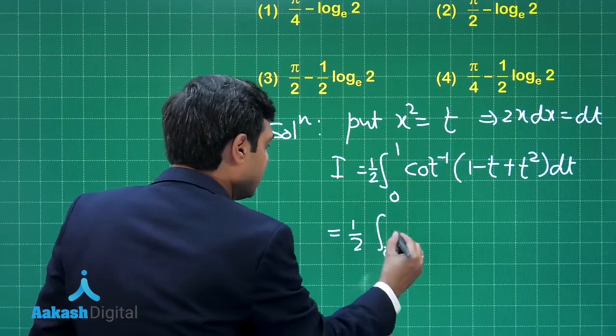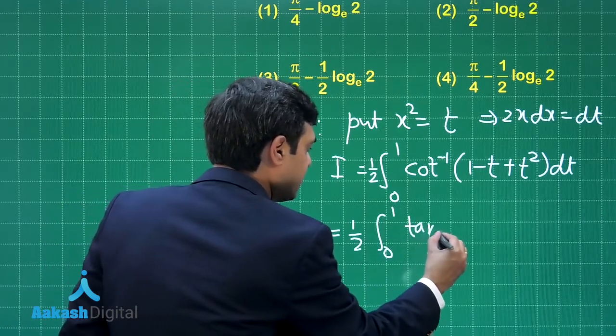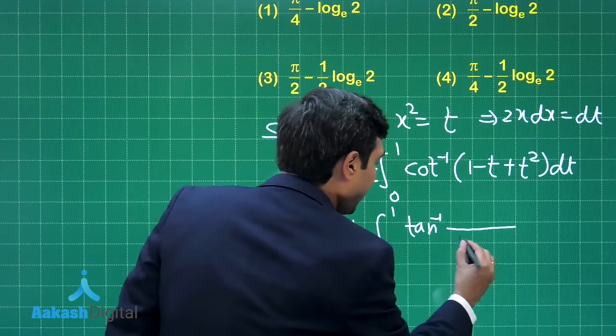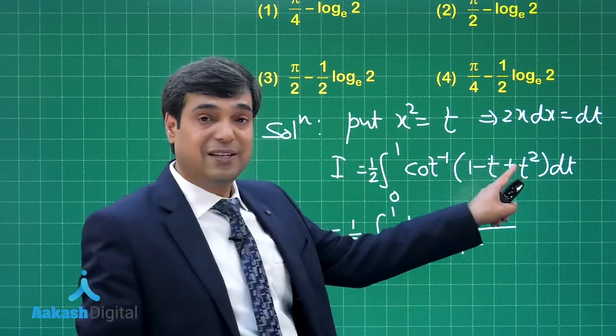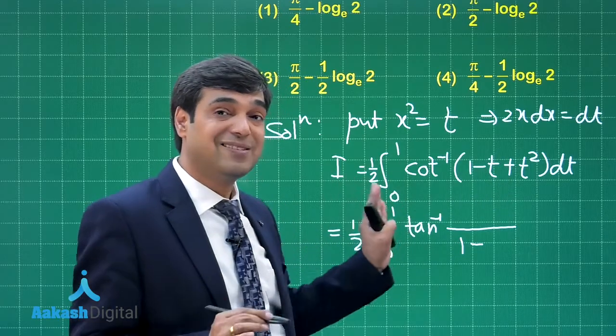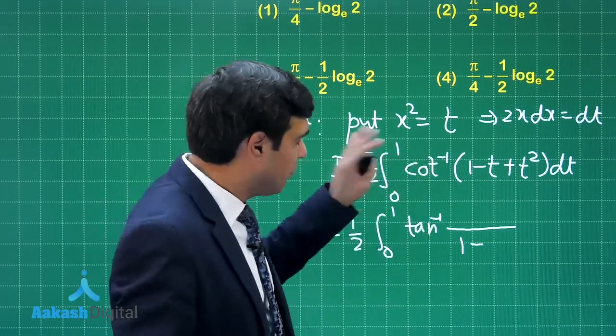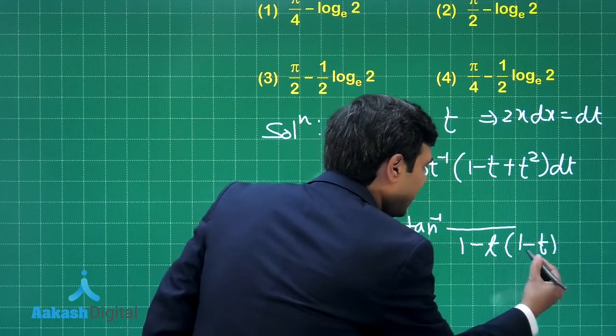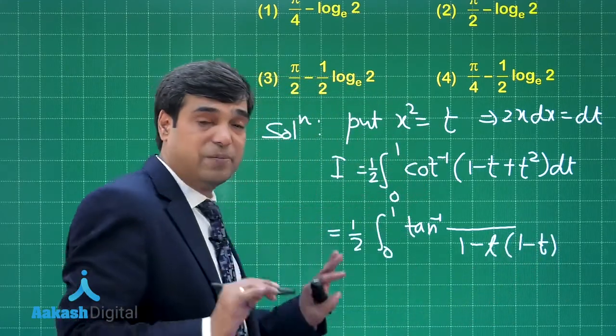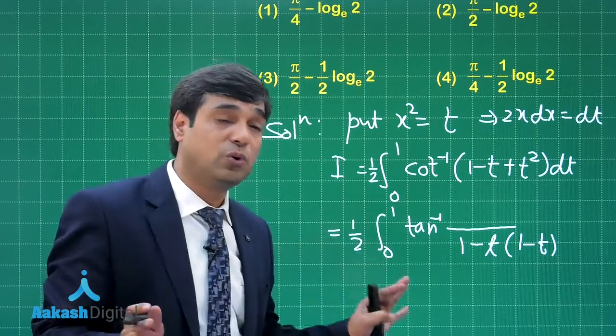Half 0 to 1 tan inverse. The denominator has 1 minus t plus t square, or you can see 1 plus t square into t, or take minus common with t. So you have t into 1 minus t in bracket. Either way you can read it, because the objective is you have to split it into 2.